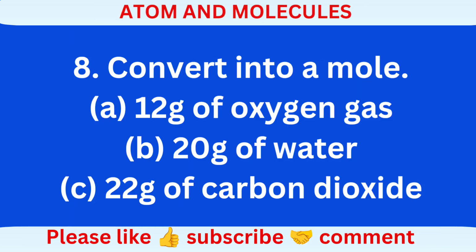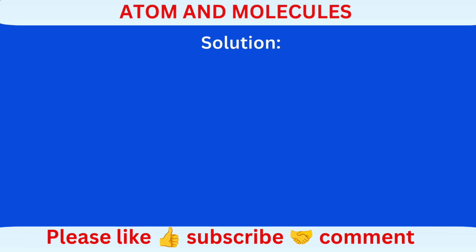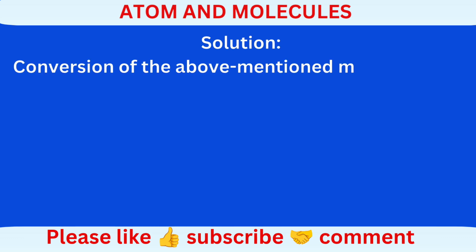8. Convert into moles. A. 12 g of oxygen gas. B. 20 g of water. C. 22 g of carbon dioxide. Solution. Conversion of the above-mentioned molecules into moles is as follows.